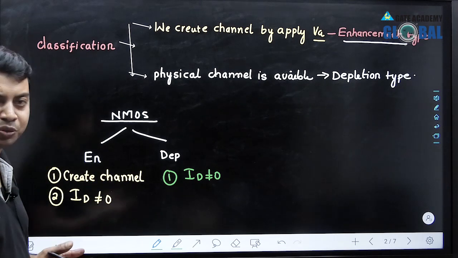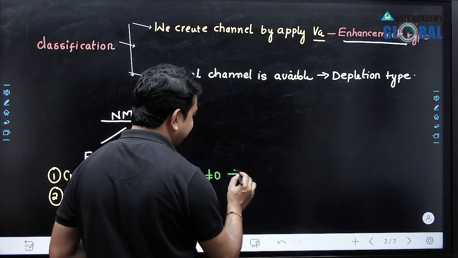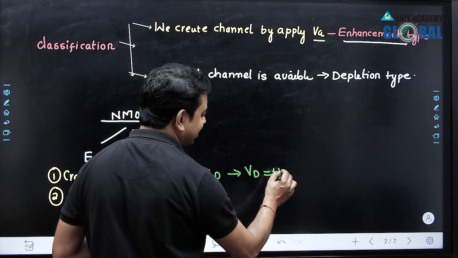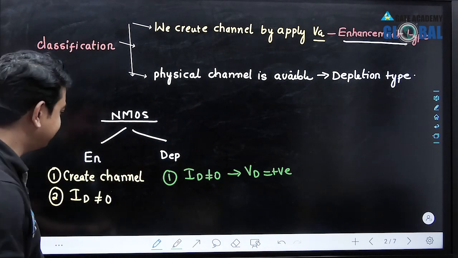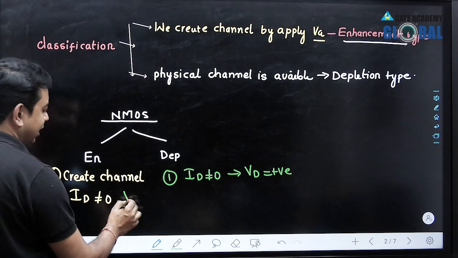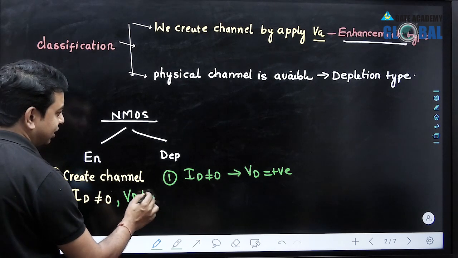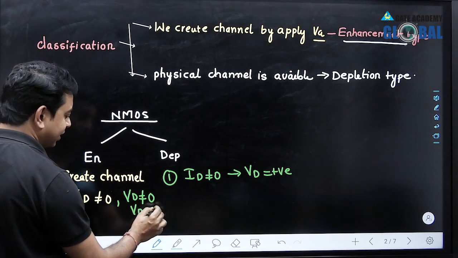That means a non-zero value of current can be available. The only thing is that we have to apply a drain terminal voltage which is positive, or we can say the drain terminal voltage with respect to the source terminal is positive. Here also we can get a non-zero value of current by applying a non-zero drain terminal voltage.